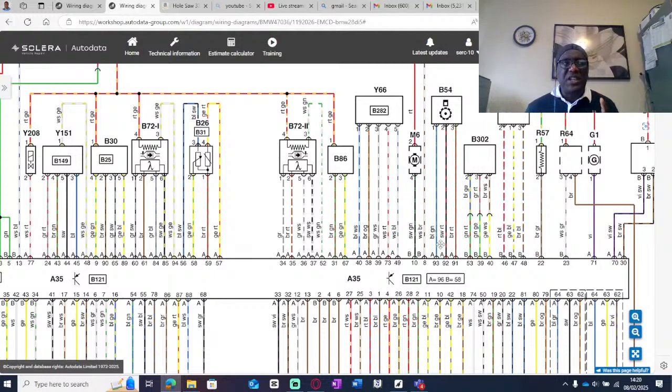So you need to determine what each wire is doing. The power is coming from the ECU, the ground is coming from the ECU, but the signal comes from the sensor. That is important to know. The signal is sent by the sensor back to the ECU.